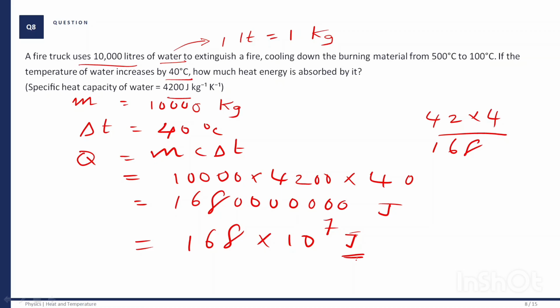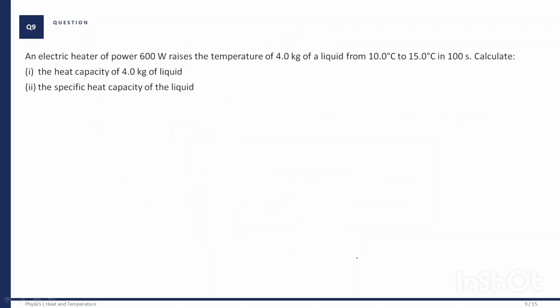We found here how much energy is absorbed by the water. We did not find how much energy is lost by the material. So keep in mind the most important thing: 1 liter of water equals 1 kg. We'll go for the next one.